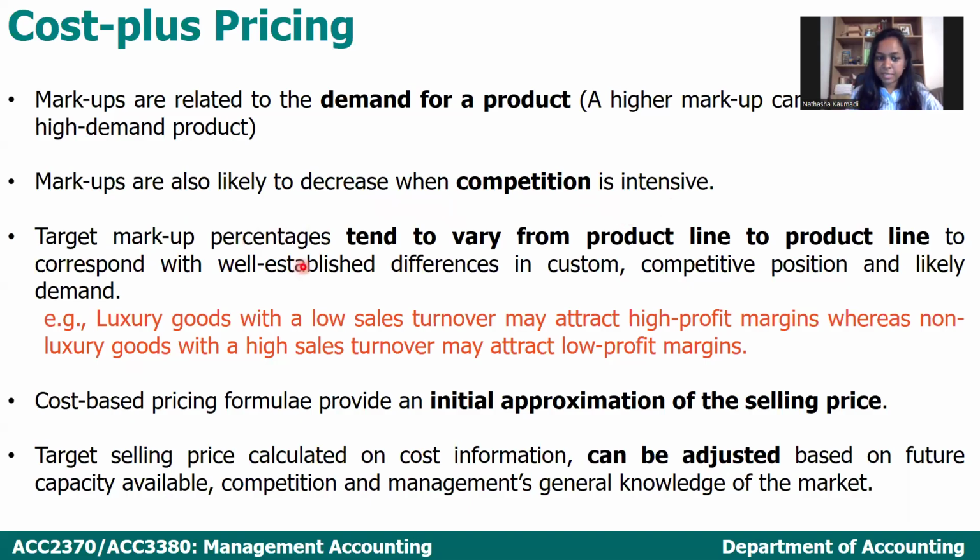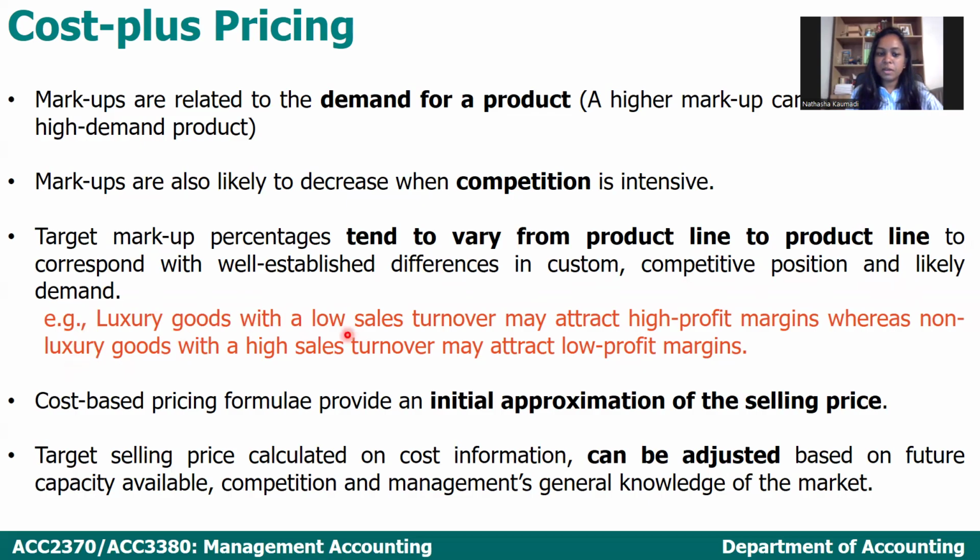Target markup percentages tend to vary from product line to product line. If you have multiple product lines, markup will not be the same for all product lines. That will be different, right? Correspond with well-established differences in custom, competitive position, and likely demand. So, read this example.